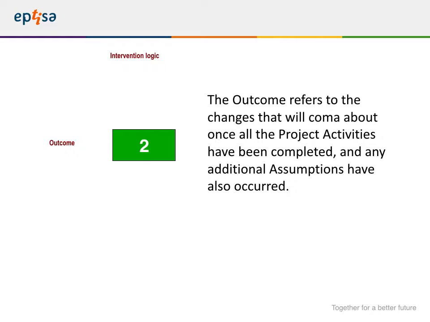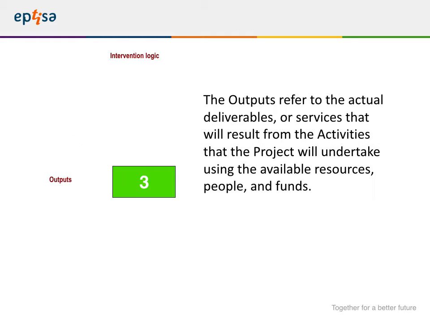But in order to have an outcome, you have to have an output. And the output in this case is the actual deliverable or change that will take place following activities. So when preparing the activity levels, it must be clearly understood that all the activities necessary to produce the desired output need to be included in the log frame.